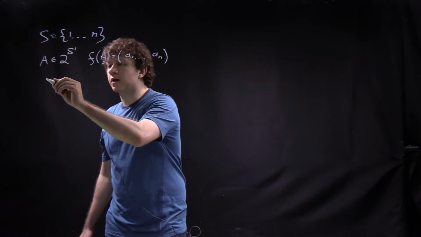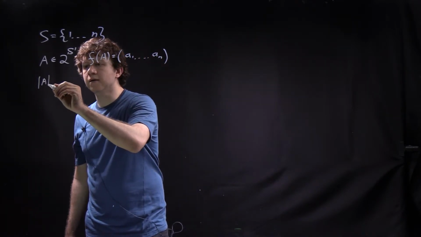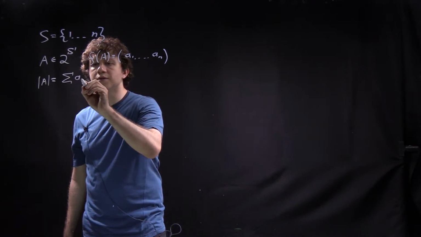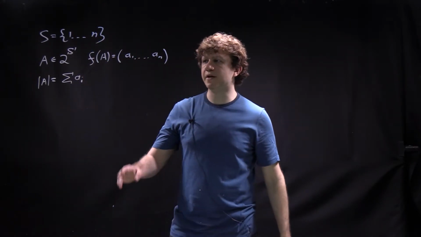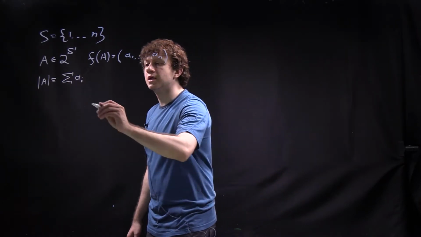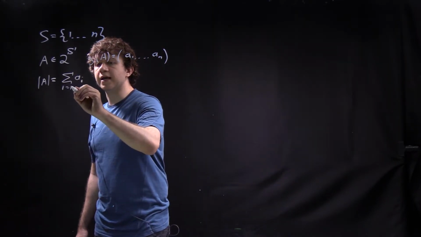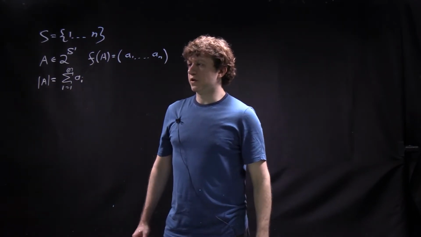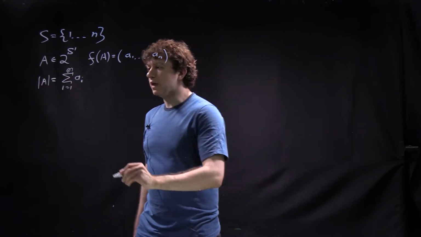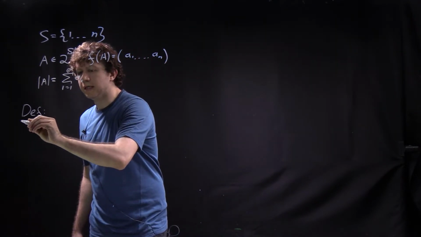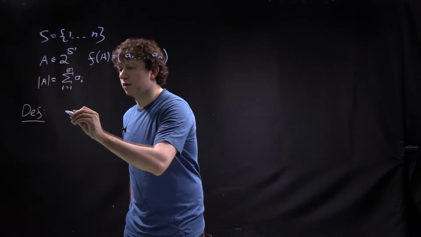Then the cardinality of A, the number of elements there, is just the sum of these indices, because each of them is 0 or 1, depending on whether the element is there or not. So the sum of them just counts the number of elements in A.